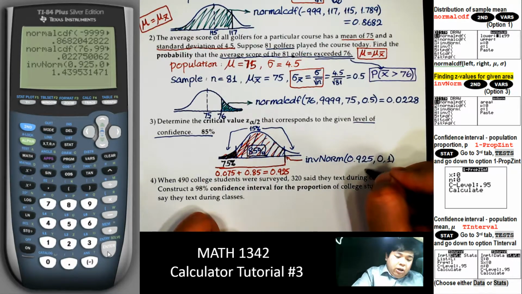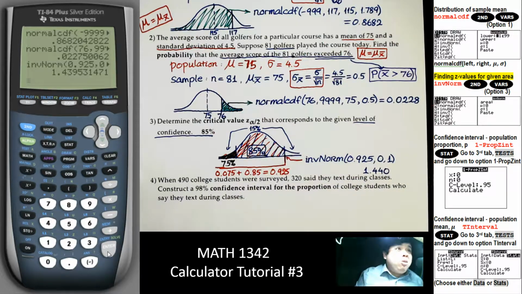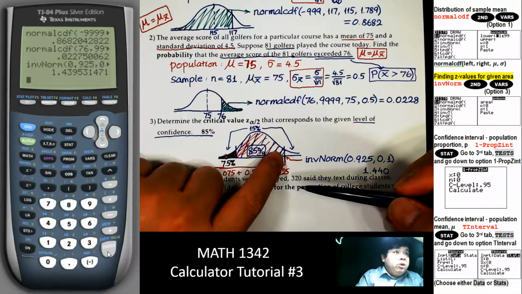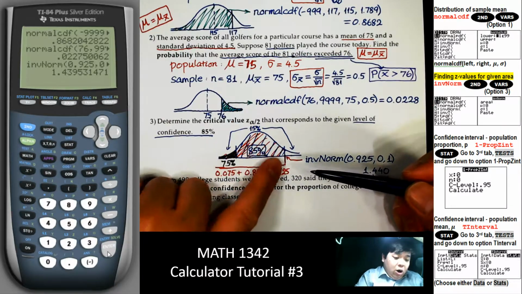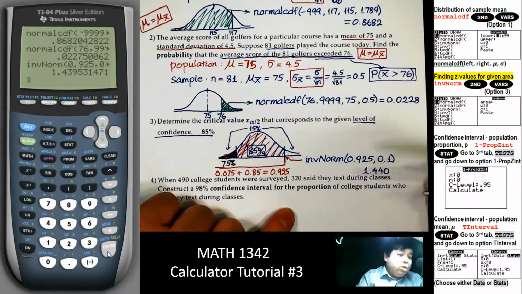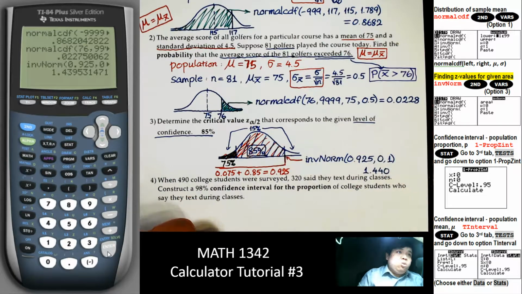And that gives us 1.440, 3 decimal places will be good enough. Right, so that is inverse normal, and always enter the area on the left of z, and this is inverse normal, gives us the z values, so that's why 0 and 1 for the standard normal, 0 for the mean, standard deviation is 1.